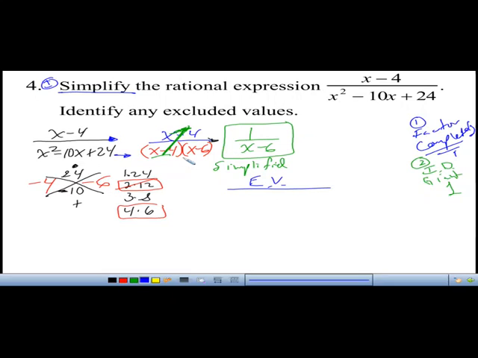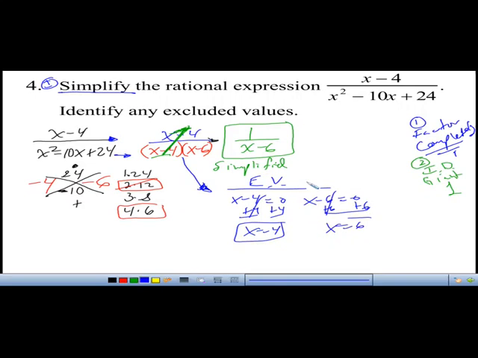You guys see that? Yes, Mr. Q. So bring these down and set them equal to 0 to save some time and space. So we got x minus 4 equals 0, x minus 6 equals 0, and solve. So that means plus 4, x equals 4. Plus 6, x equals 6. So my excluded values are 4 and 6.